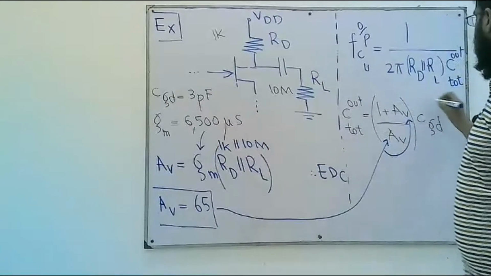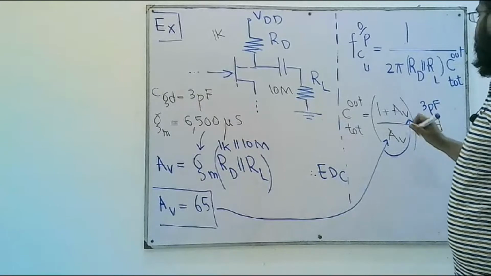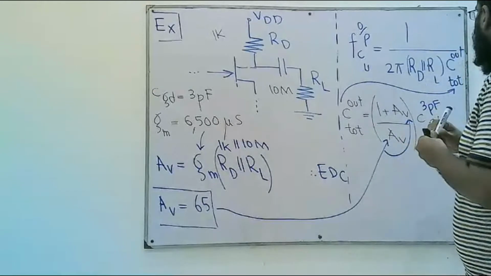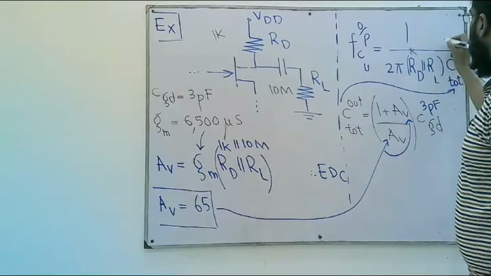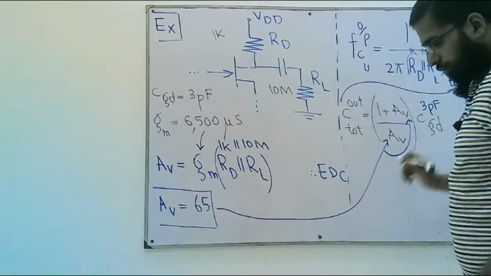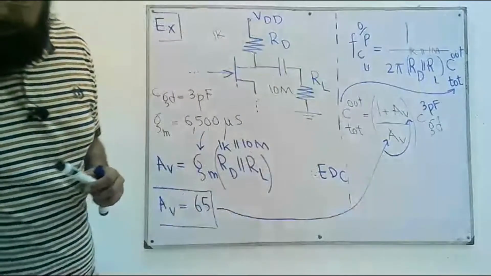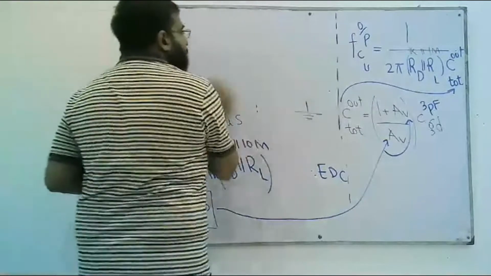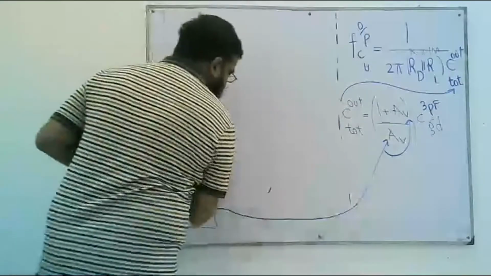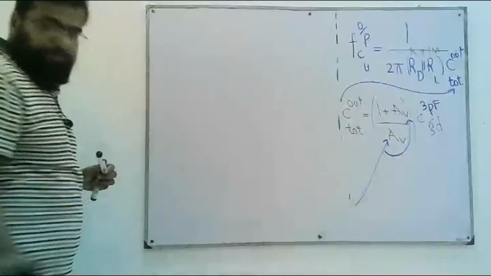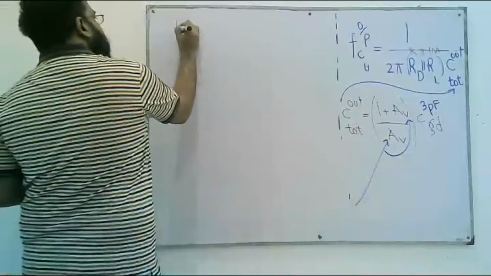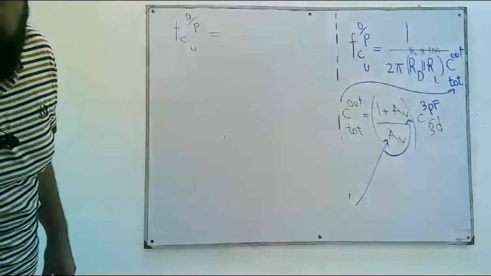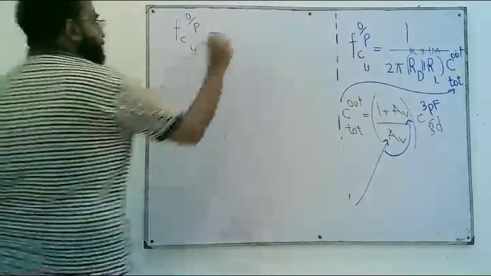CGT is 3 pico. Then plug in C out here, RD 1K, RL 10 meg. Solving everything gives FCU due to the output coupling capacitor, and it comes out to be 46 megahertz.